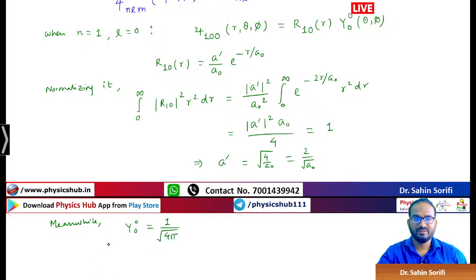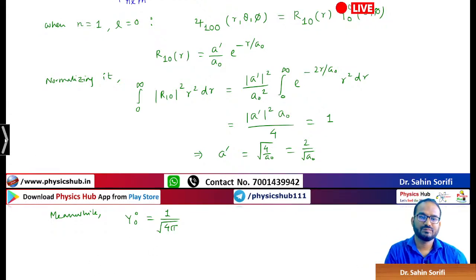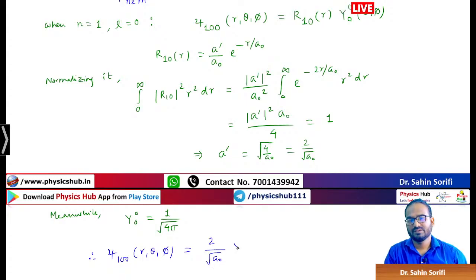So what will be the value of psi 1 0 0, which is the product of R 1 0 and Y 0 0? R 1 0 is A prime by a naught, and A prime is 2 by square root of a naught, into 1 by a naught, e to the power minus r by a naught. Y 0 0 is 1 upon square root of 4 pi.